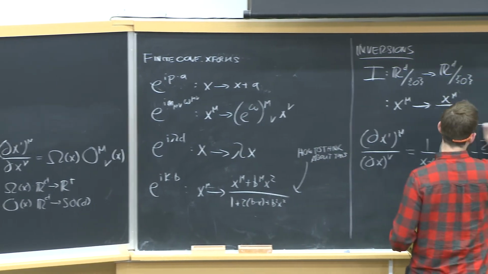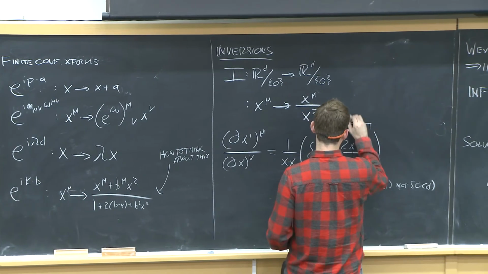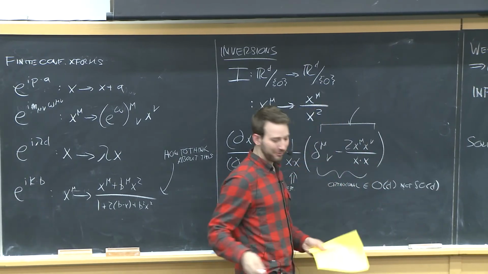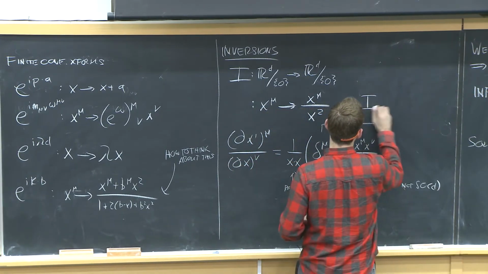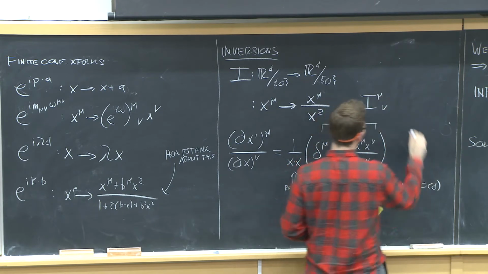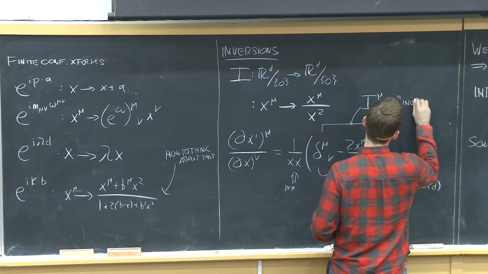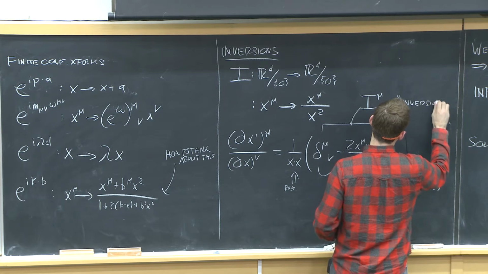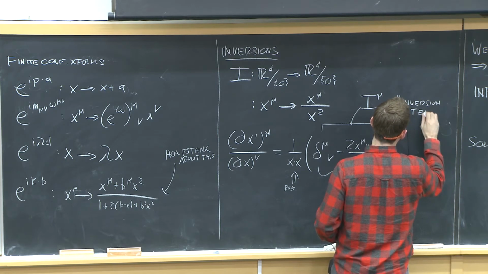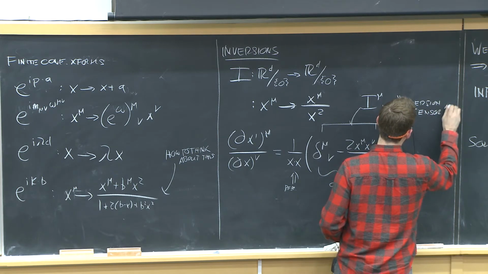And because Leonardo demanded it, this particular orthogonal matrix will be called I_mu_nu, and it is named the inversion tensor. And it is very useful for doing calculations in conformal field theory.